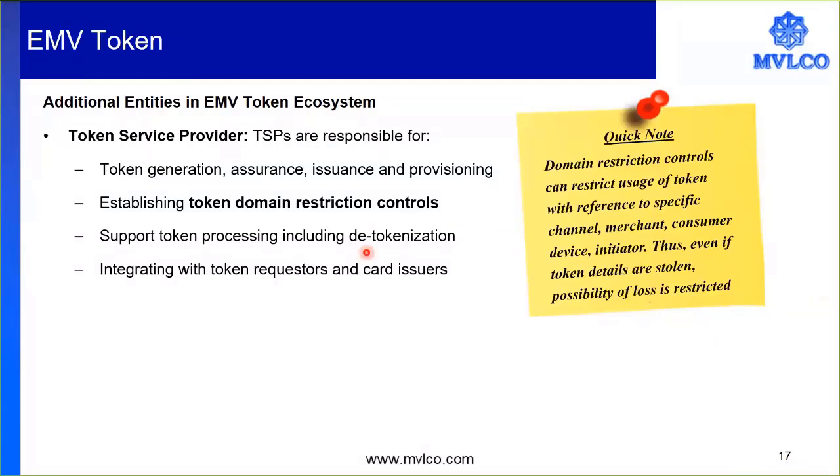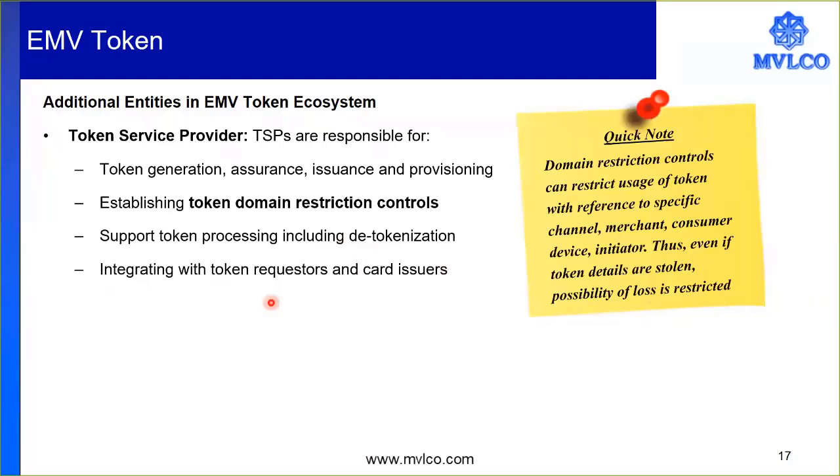Now one more thing in process flow you would have thought about, and now since we are talking of this token, you would have guessed, is that because this token would be known only to the token service provider, at the issuer level, I would still need the primary account number, the PAN. So I need some process which can convert my token back to original PAN. That would be called as de-tokenization. Again, this activity would be done by token service provider.